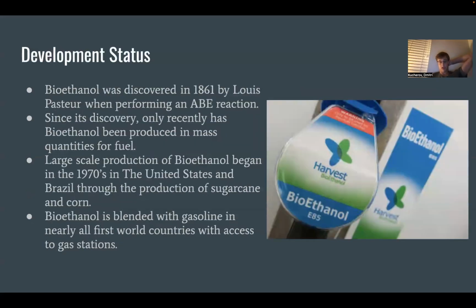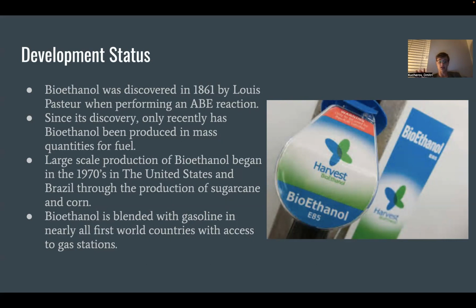Its developmental status. Bioethanol was first discovered in 1861 by Louis Pasteur when performing an ABE reaction. I believe that is the same individual who created pasteurization in milk, or understood and refined the process of pasteurization. While discovered in 1861, it only recently has become more interactive, and recently meaning early to late 1970s.